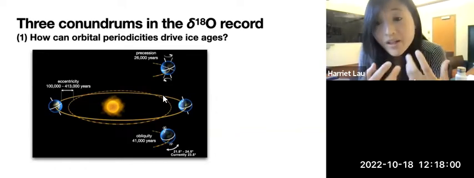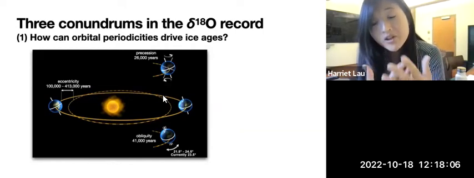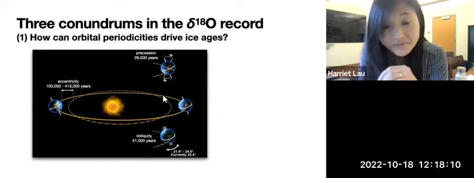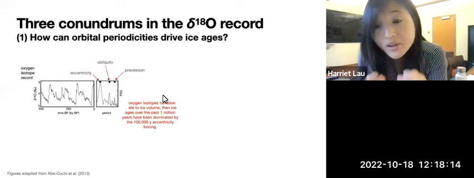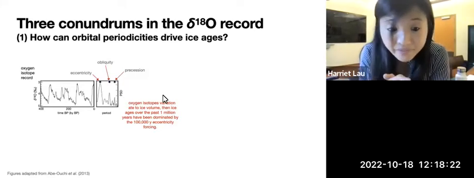So incredible feedbacks within Earth's climate system must be at play to drive extremely large climatic variations like ice age cycles. And what's perhaps even more puzzling is that if you look at the frequency content of the ice volume in, say, the last million years, these are dominated by the eccentricity cycle.